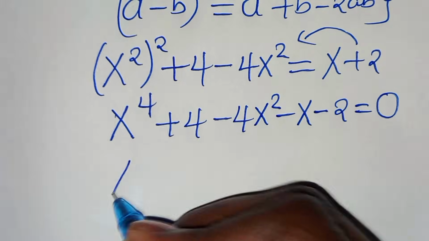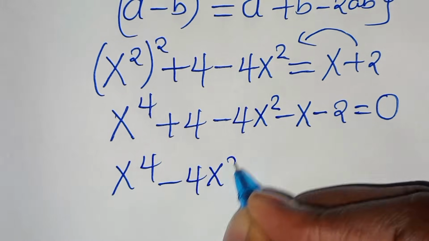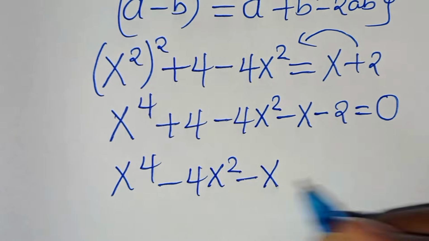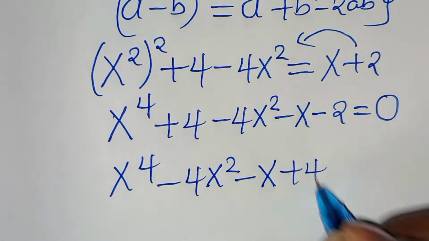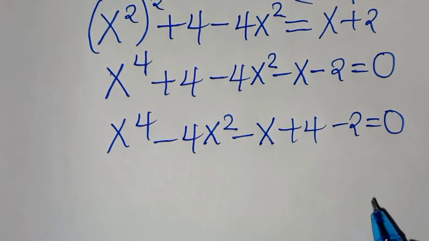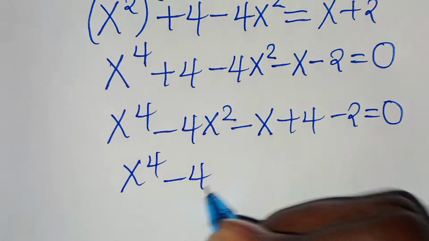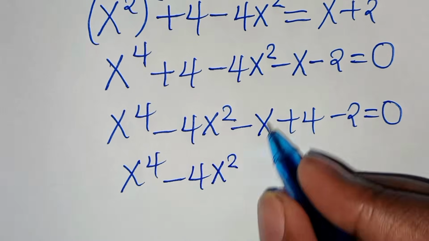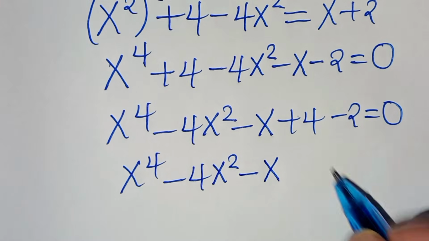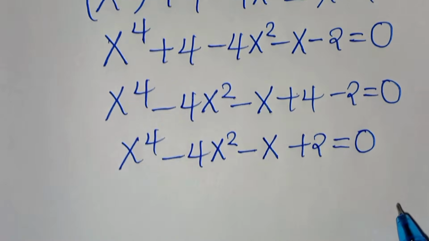So this is x⁴ − 4x² − x, and here we have 4 − 2, which is plus 2, equal to 0.